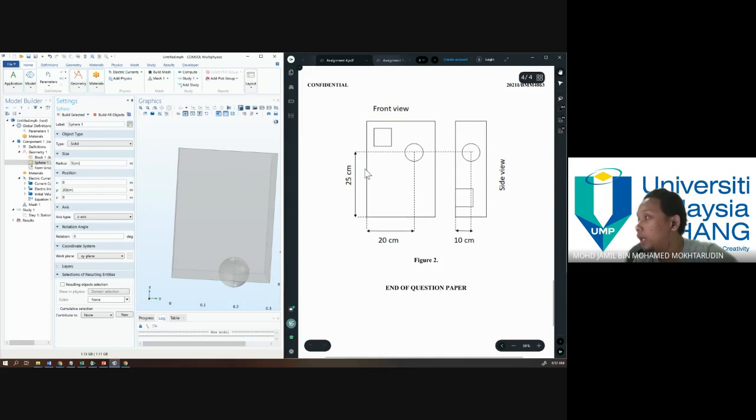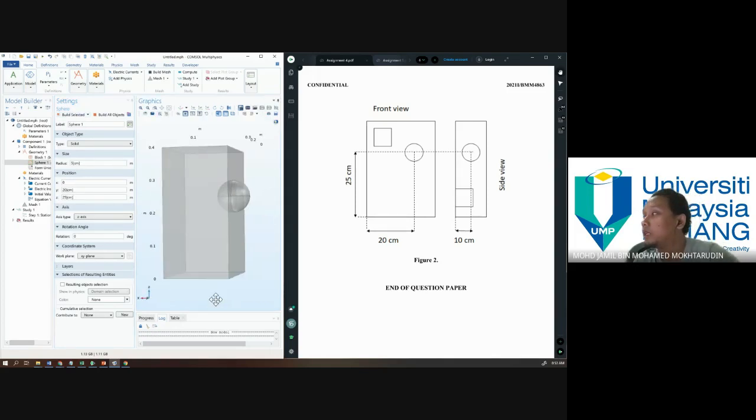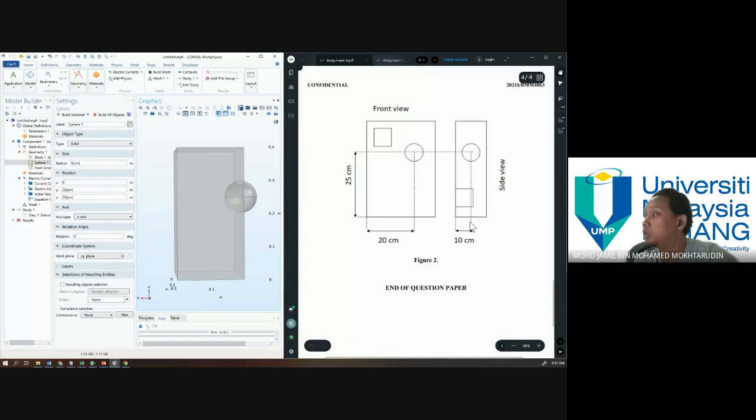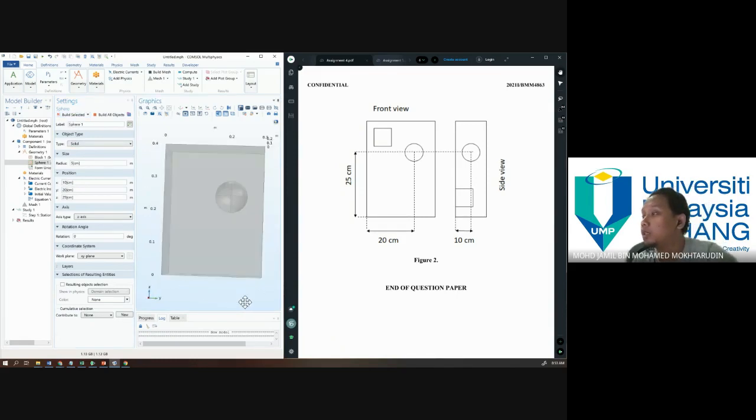Then 25 cm in the z direction. But it's still outside, so you need to move it in the x direction, 10 cm. Now the heart is inside.